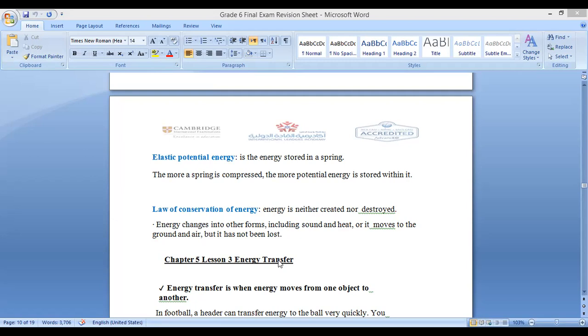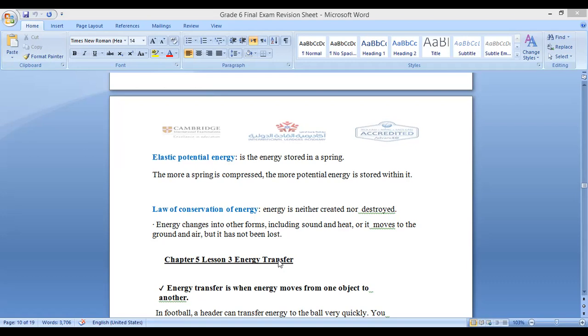This kinetic energy could be converted to sound energy. So in this way we can observe that energy is not created and not destroyed. It's just converted from one form to another.